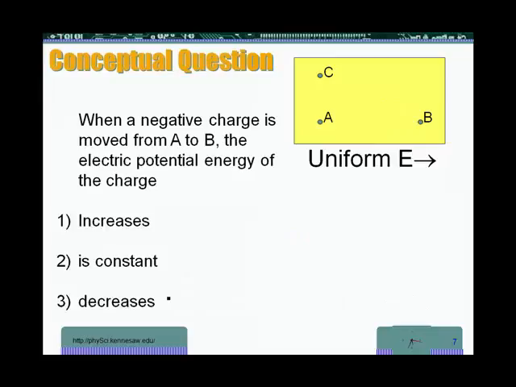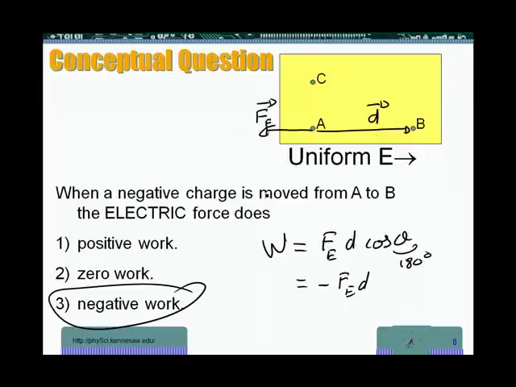Okay, in this question here, we are being asked, what if a negative charge is moved from A to B? What happens to the electrical potential energy of the charge? Okay, so what we just found out from the previous question is that the work due to the electrical force is negative work.